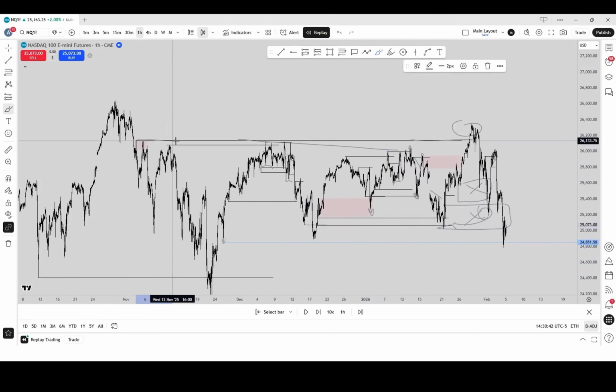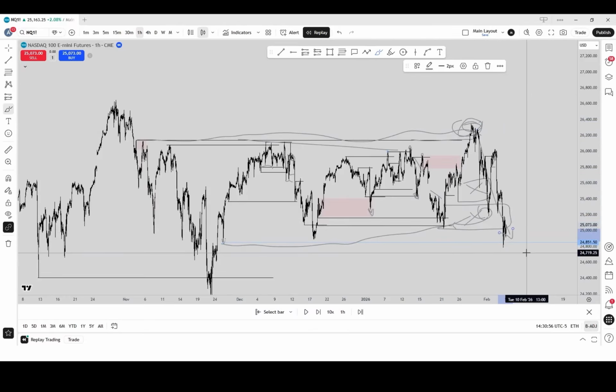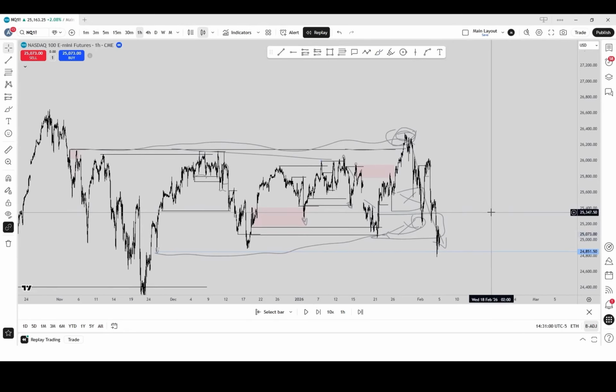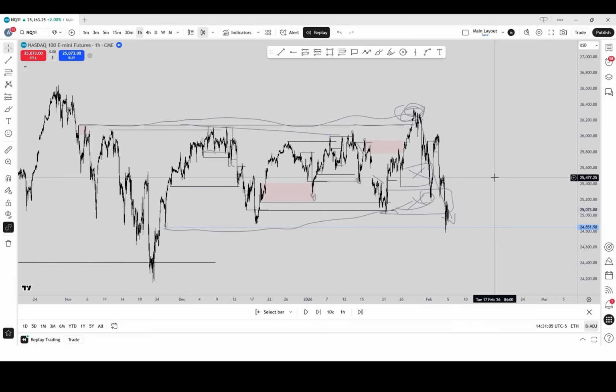Like this, for example, we had swept liquidity, so I can look for some sort of shorts. What am I targeting? I'm targeting liquidity. We have built here for quite a bit, so I can short towards that. I'm not targeting liquidity blocks. I target liquidity.